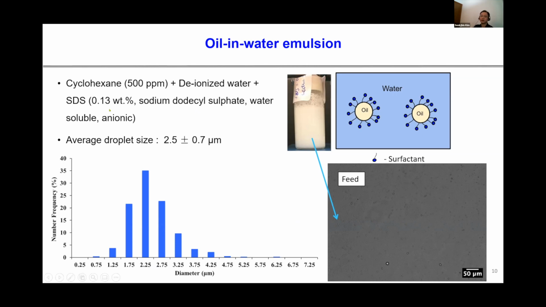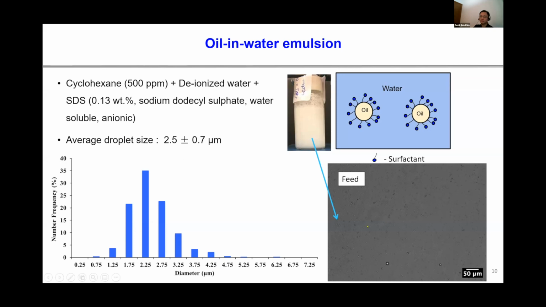Water-soluble anionic sodium dodecyl sulfate, SDS, was used as a surfactant. Initially, SDS was added to water and shaken using a homogenizer for complete mixing. The dispersed oil phase was added in a dropwise manner to make a homogeneous distribution.